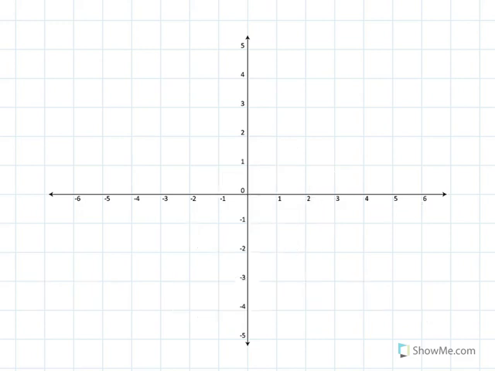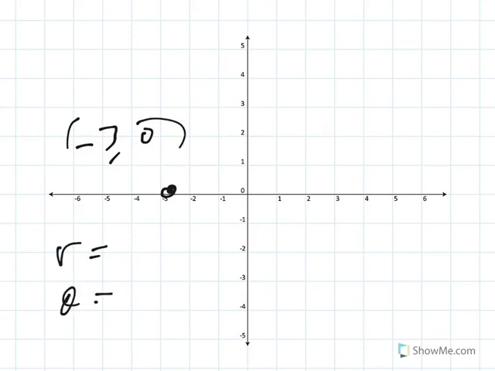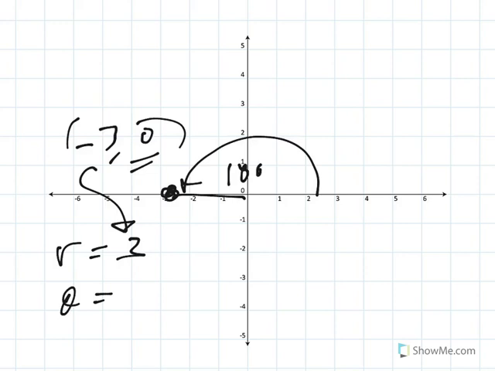And one more thing that can happen, if I have this point, which is negative 3 comma 0, it has an r and a theta also. The r is just going to be 3. That will happen anytime one of the numbers is 0. The other number's absolute value is going to be the r value. And the theta, if I'm actually in between two quadrants, I don't need to do any fancy tan inverse.